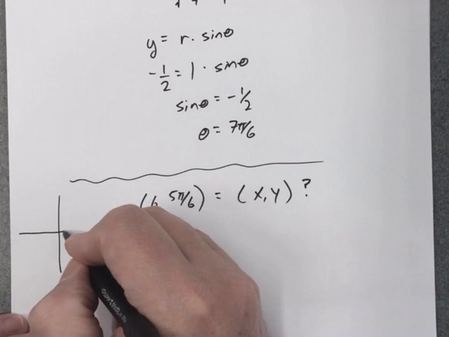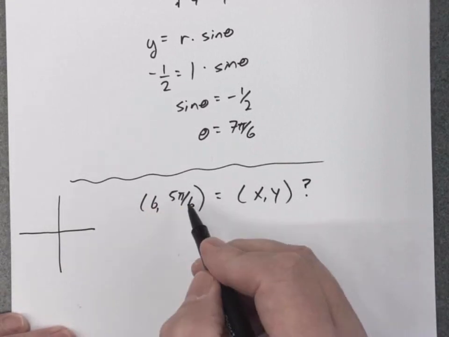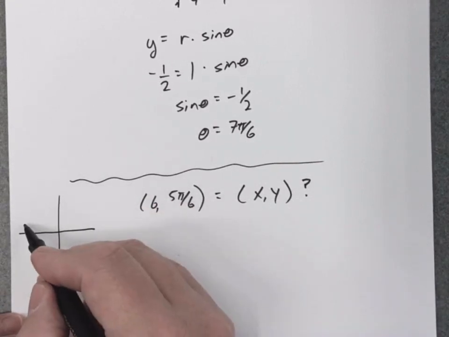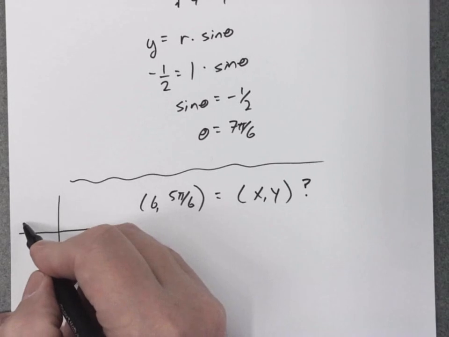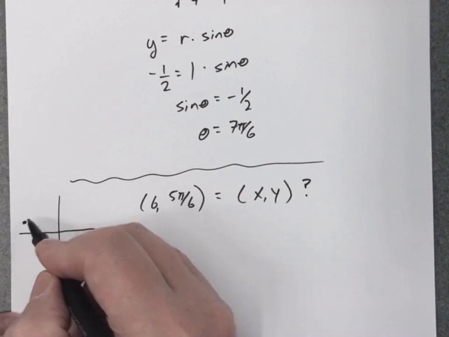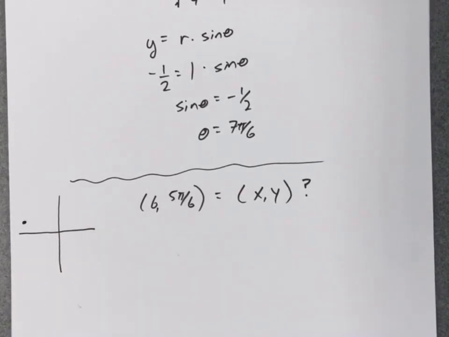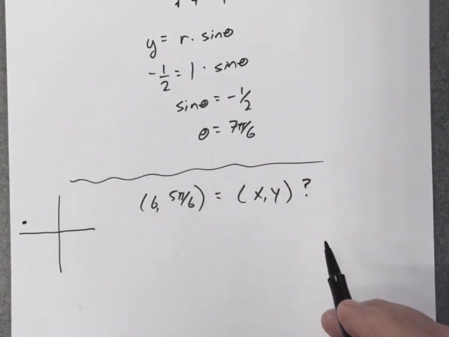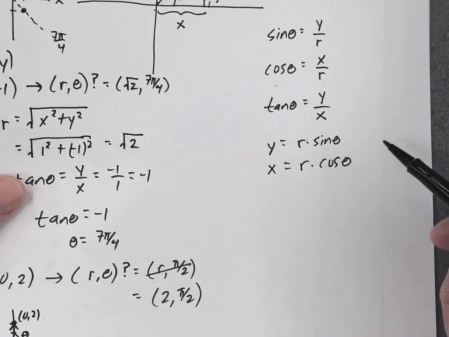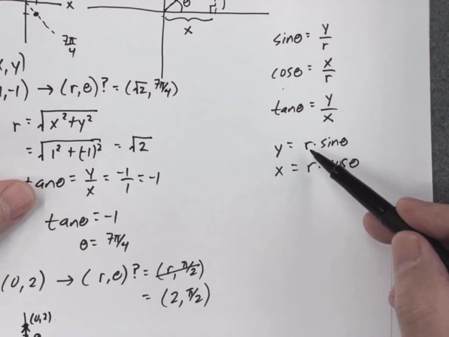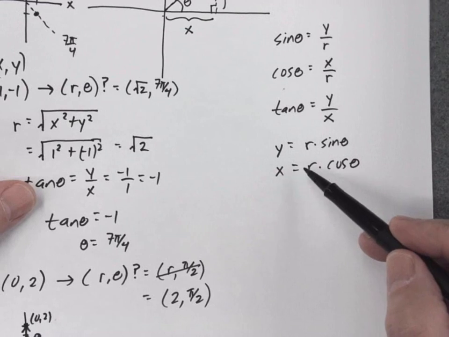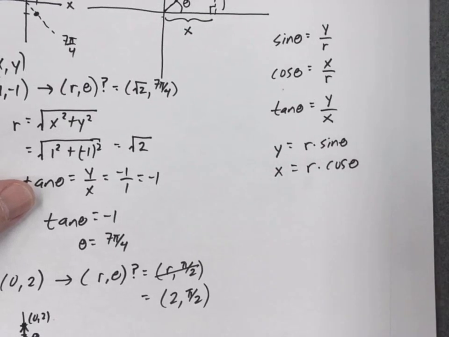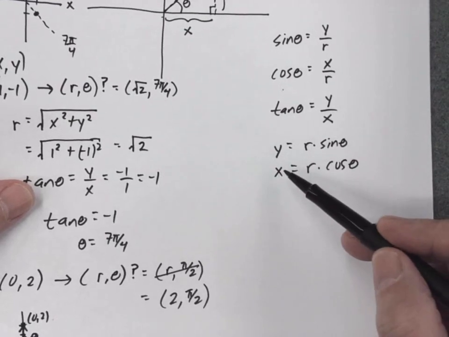I'm going to do a rough sketch of this. 5 pi over 6 is over here in the second quadrant, and a 6, so let's just say it's maybe out here somewhere. Definitely second quadrant. These are really easy. I'm going to go back and use these two formulas. y equals r sine theta, x equals r cosine theta. That's all you need, because I'm trying to find x and y.